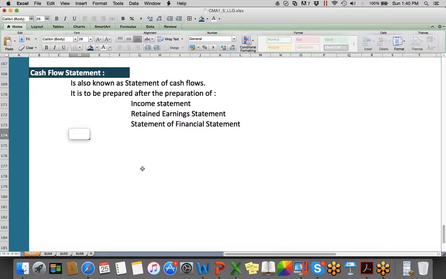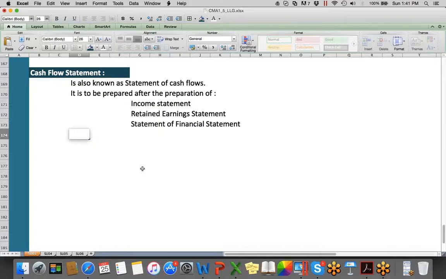So current year incomes minus current year expenses will give you net income. Current year incomes, whether received or not, current year expenses, whether paid or not, will give you income statement. That is the reason why your income statement outcome, that is net income, is different from your cash balance, because you consider lots of expenses in the income statement in which you will have some expenses paid in cash, some expenses not paid in cash.